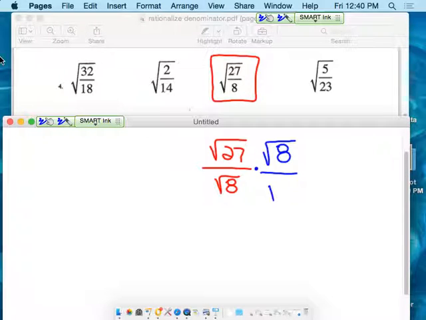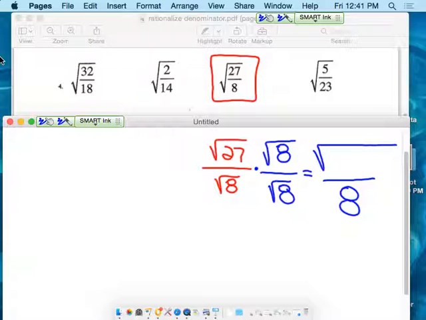I'm going to multiply by radical 8 over radical 8, and that's going to give me the denominator that I'm looking for. And now my numerator, I'm going to multiply everything here, but when I do this, I'm going to break it down so that I can see my perfect squares. 27 is 9 times 3, and 8 is 4 times 2. So my perfect squares here are 9 and 4.